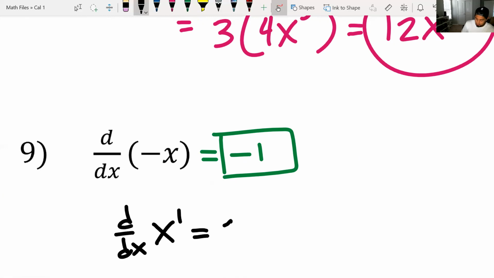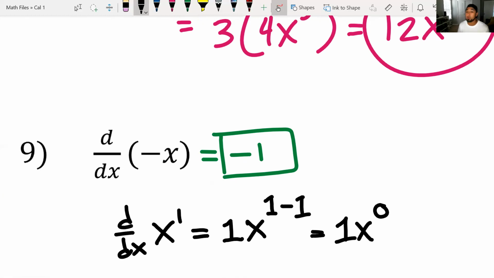You'll get the 1 that comes down times x to the 1 minus 1. We take 1 away. We'll make those 1s. This ends up becoming 1 times x to the 0th power.